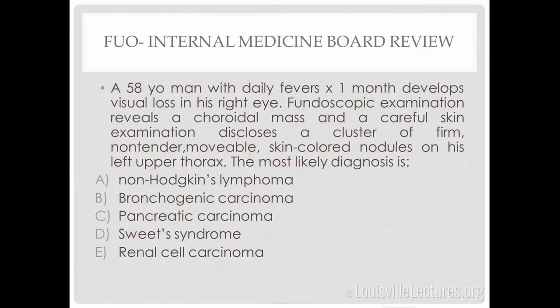What is the most likely diagnosis? Do you guys think this is Hodgkin's? Anybody? What about bronchogenic carcinoma? Okay. Pancreatic cancer? Sweet's? Or renal cell? Nobody liked this question. All right.